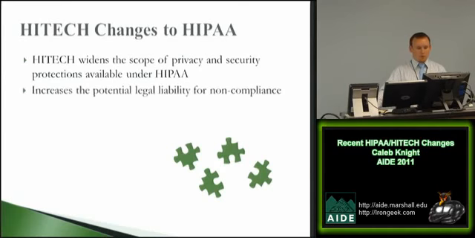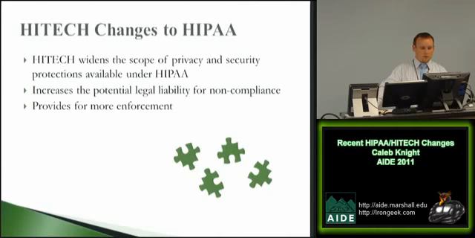One of the most important changes under the HITECH Act is that now the HITECH Act and HIPAA generally apply to covered entities, business associates, and also subcontractors. So Congress has expanded the number of persons that are going to be held liable in the event of some sort of disclosure. And you can see it increases the legal liability for noncompliance with the regulations.